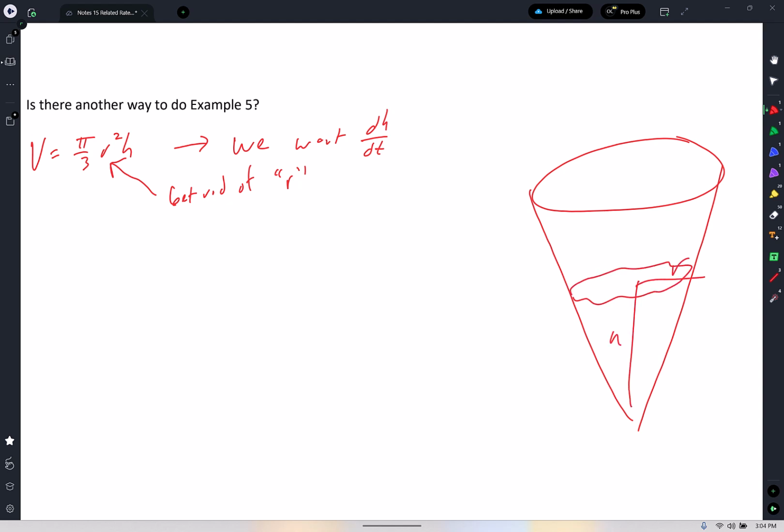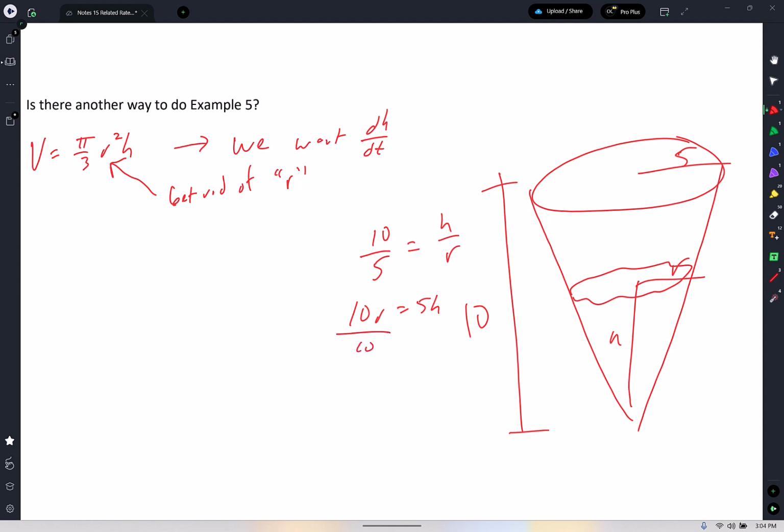r, H. Remember that this distance here is 10, and this distance here is 5. So from similar triangles, 10 over 5 equals H over r. So 10r equals 5H, just like we did earlier. Divide by 10, divide by 10. r equals H over 2, or 1/2 H. That's it. I'm just going to replace it.